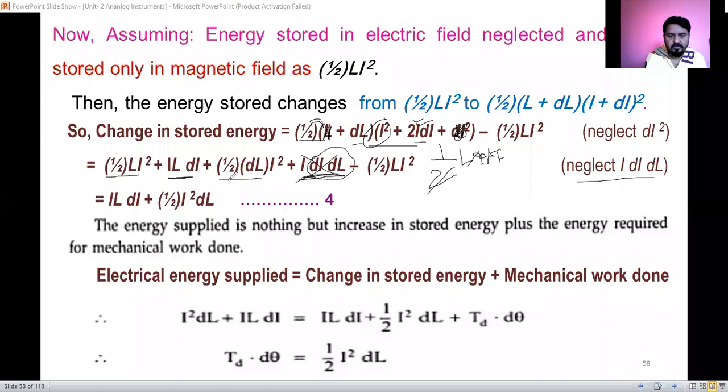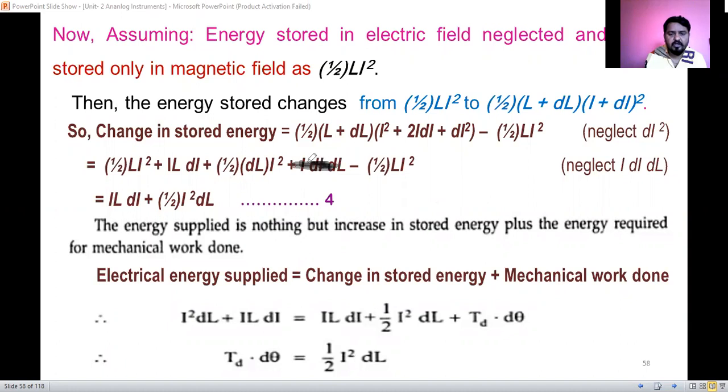I'll remove all the things here. So you neglecting, I will mark that one. We are going to neglect this term. Neglecting this, 1 by 2 li square is there here.